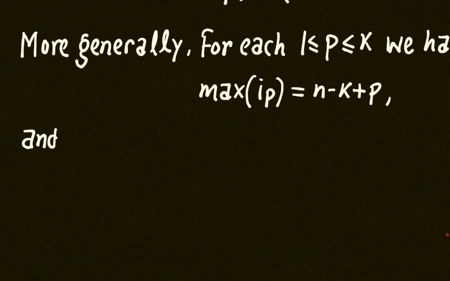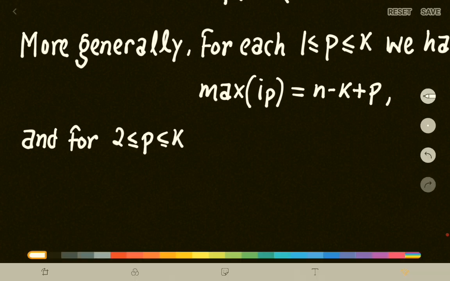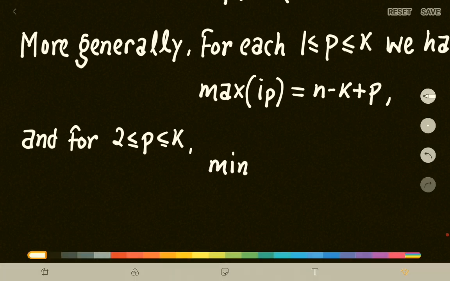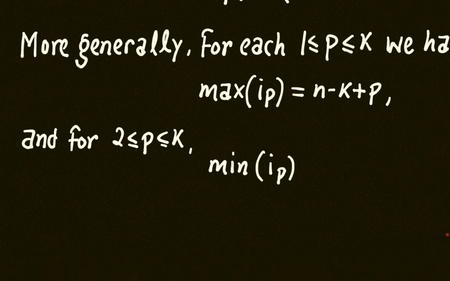And for 2 less than or equal to p less than or equal to k, the minimum value of I sub p equals I sub p minus 1 plus 1.